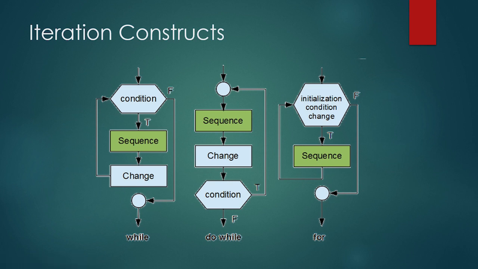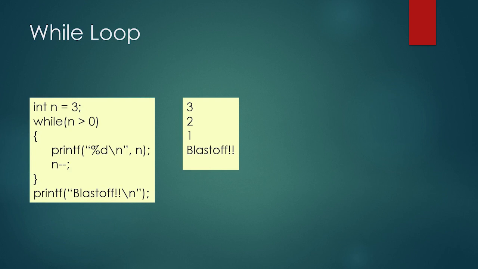So let's look at some real code now. Here's an example of a while loop, and we start out and we say n is 3, while n is greater than 0, printf the value of n, decrement n, and continue to do it until n becomes 0 or less than 0.